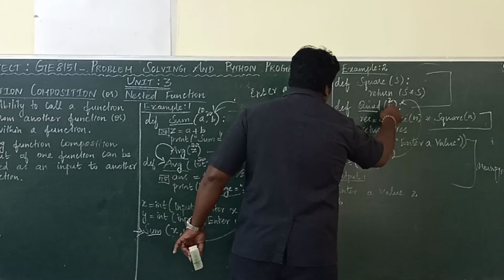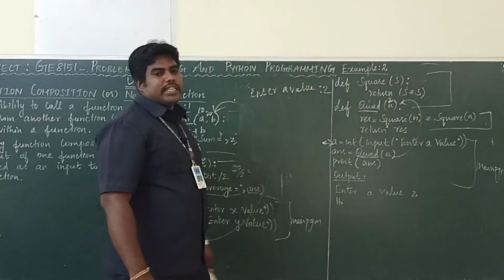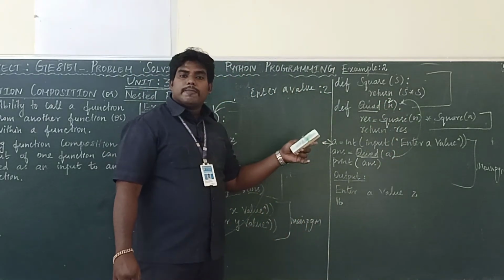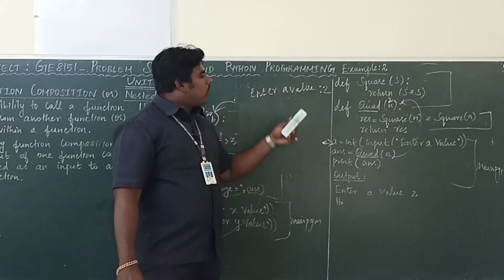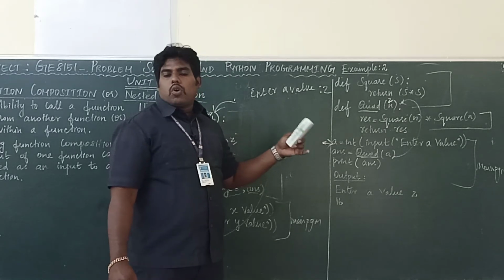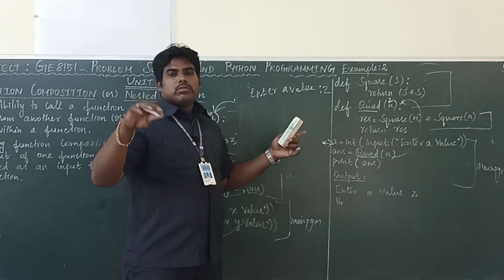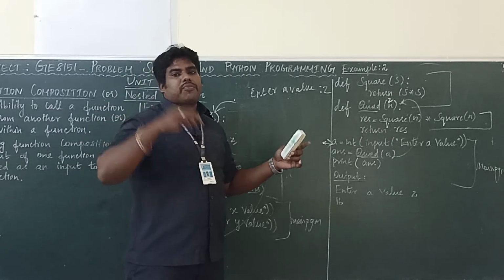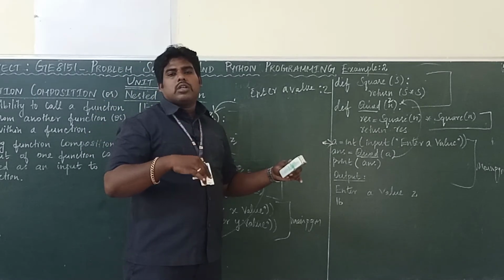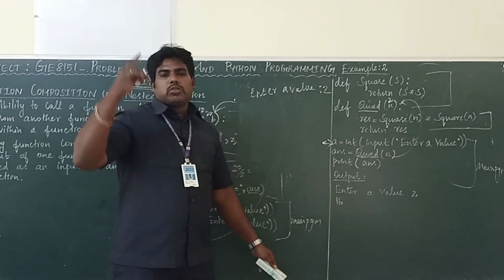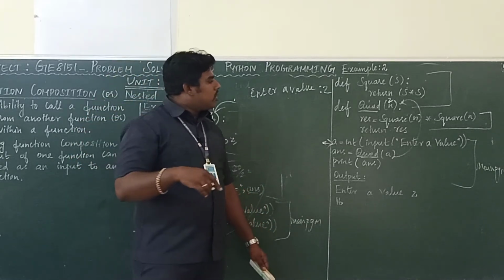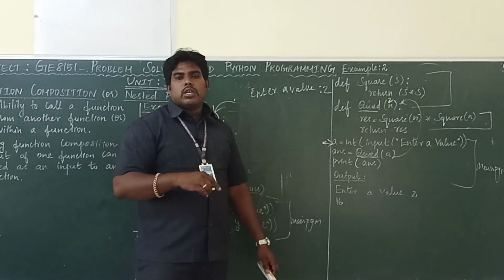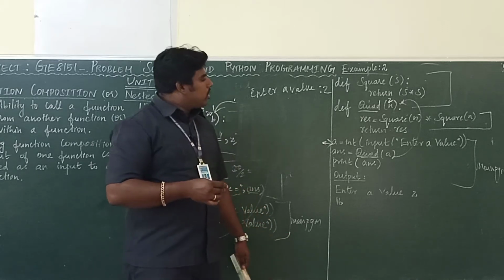So 2 is passed to n. Now what's the value of n? 2. Now here I want to find the quad. Quad means what? Power 4. Okay, 2 power 4. For finding 2 power 4, if you take square 2 times, 2 square into 2 square, you will get the quad value, right?